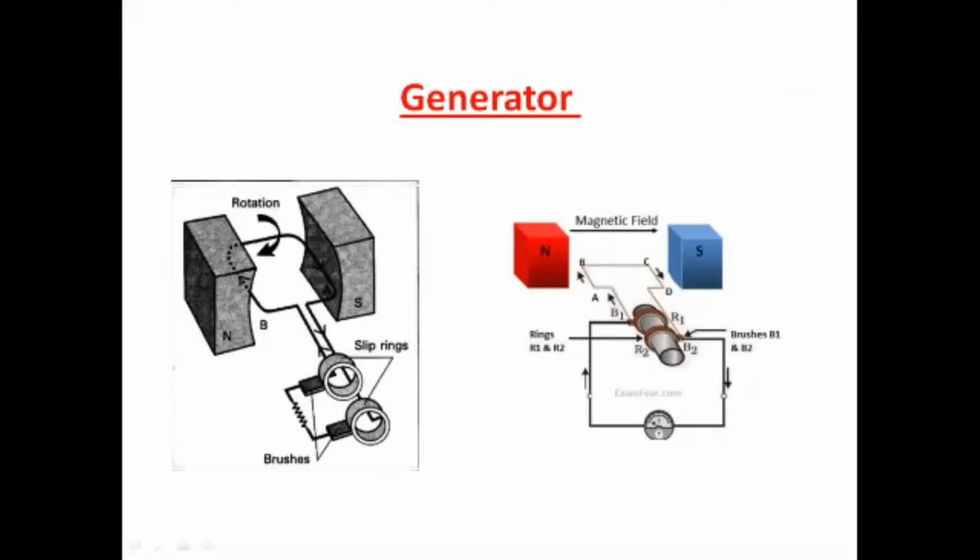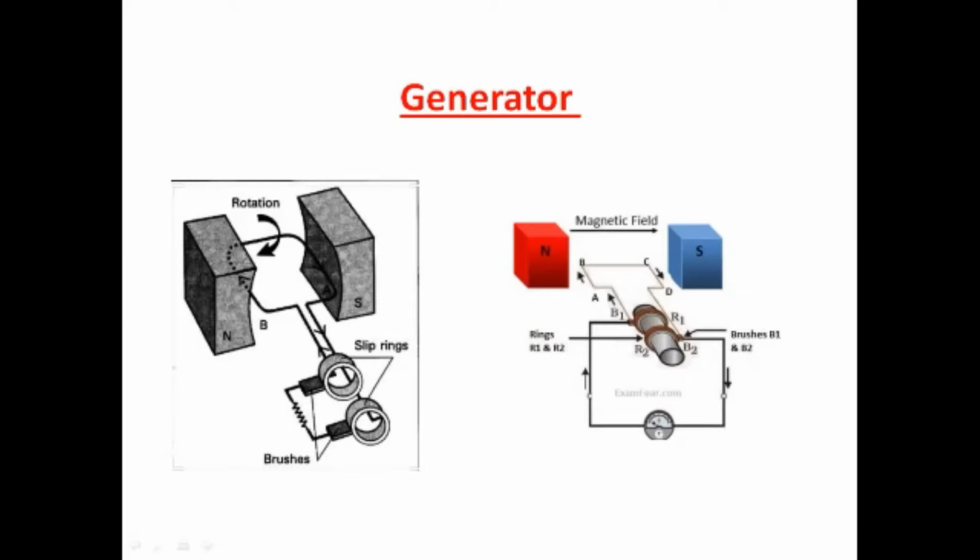Two field magnets, the armature coil, and two slip rings and brushes that connect with the slip rings. These are the main parts of a generator: magnetic field, two field magnets, an armature coil, slip rings connected with the armature coil, and brushes connecting with the slip rings.